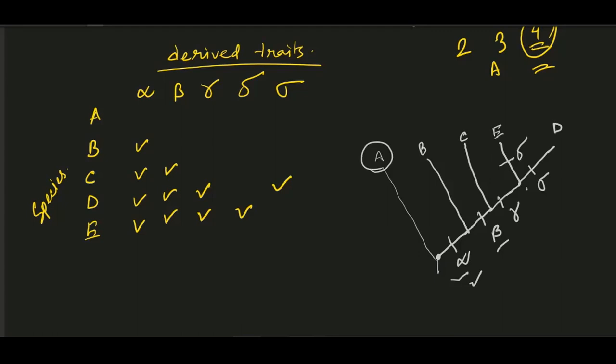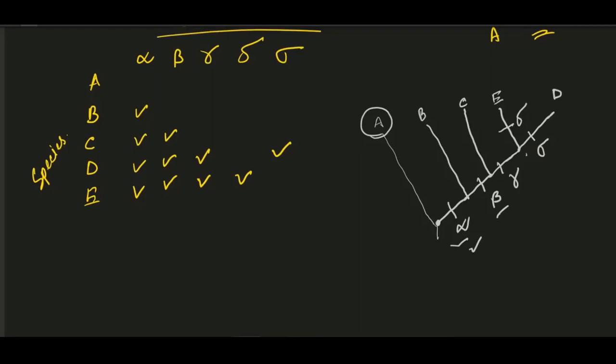So in the bottom part, they all acquired alpha first, and B doesn't acquire any further trait, so B gets separated, B speciation happened. Further, beta trait acquired and C speciation happened, and like that E and D speciation also happened.